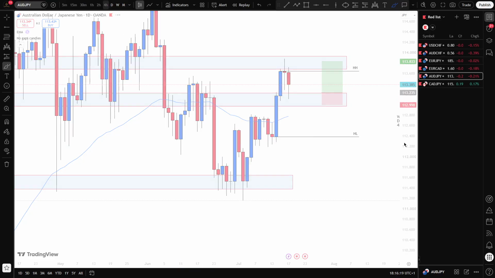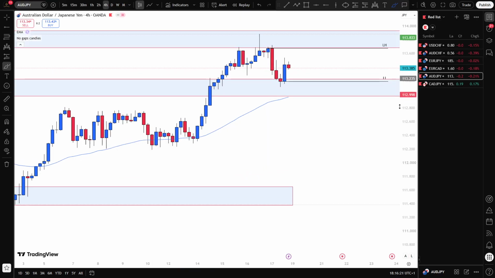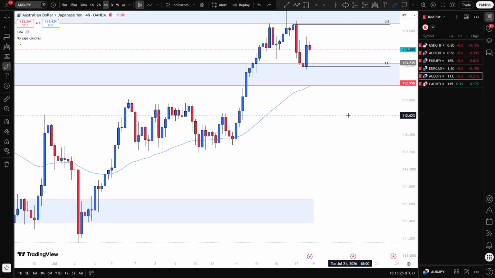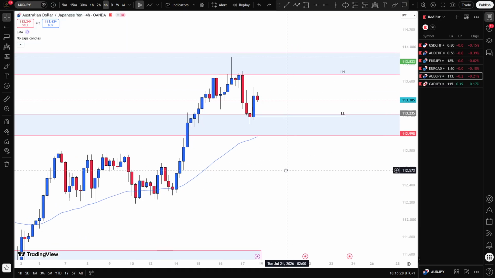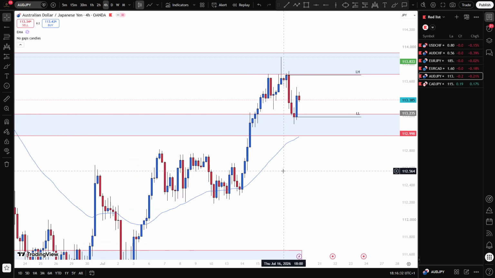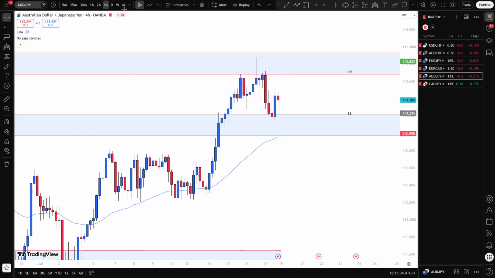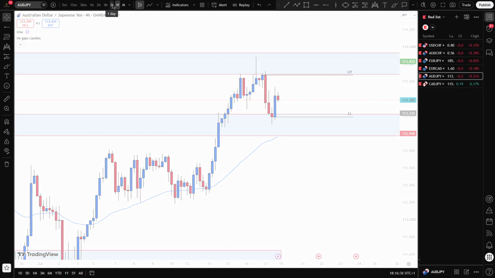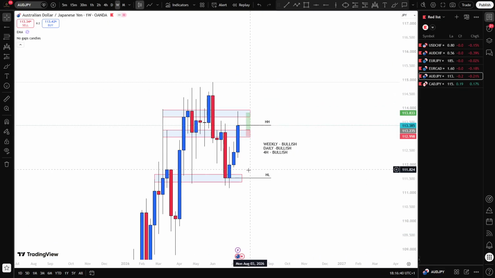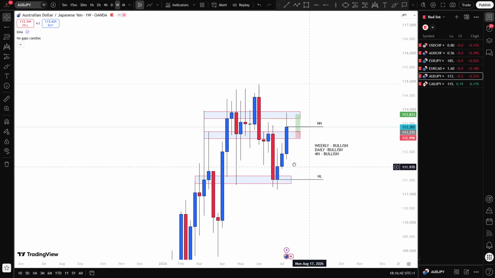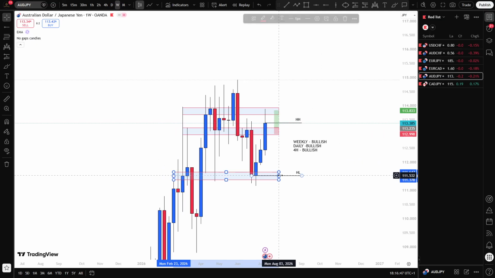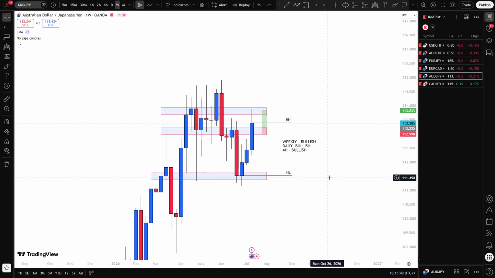Also, if we check the 4-hour time frame, sorry, the 4-hour time frame is bearish, and we don't really need this to be bearish because the weekly and the daily are already bullish. So once I have a weak retest, I'll be very, very conservative in entering this trade. Okay, so that's what I'm looking for.